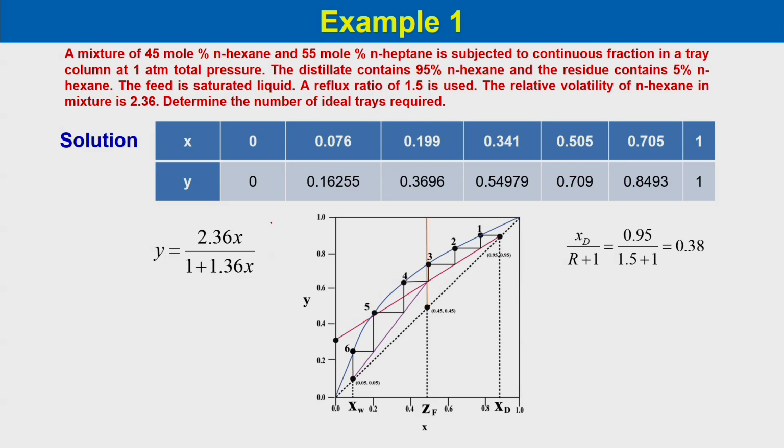So, from here at different values of x we can calculate y, and this is the data which is required to plot the equilibrium curve. So, with this data, the blue line represents the equilibrium line.